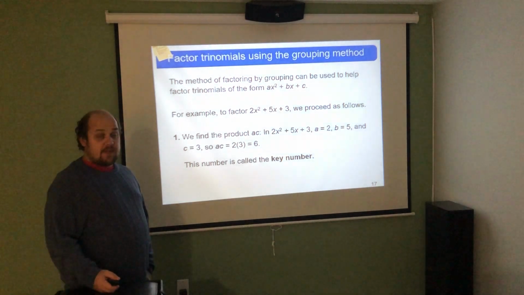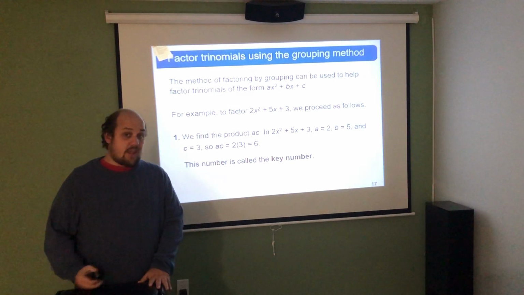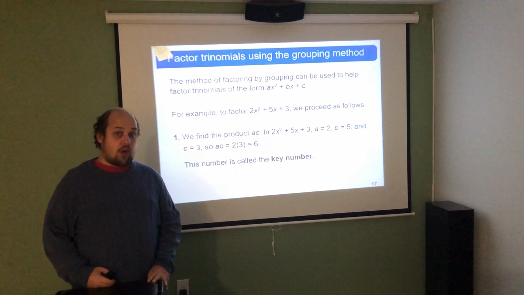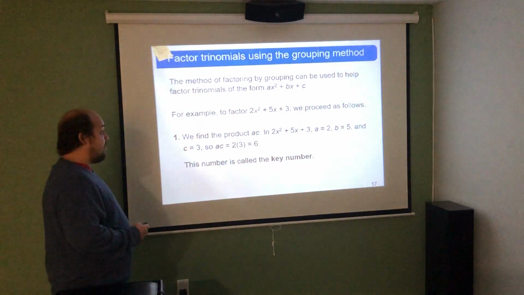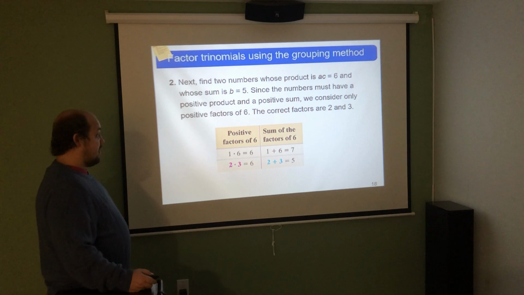The same way when we did grouping, we started with the last term C and called it our key number. It was because we were taking that last term and multiplying it by an understood 1, where anything times 1 is itself. Here, we're multiplying it by whatever is in front of the x squared term. So here our key number is 2 times 3 equals 6.